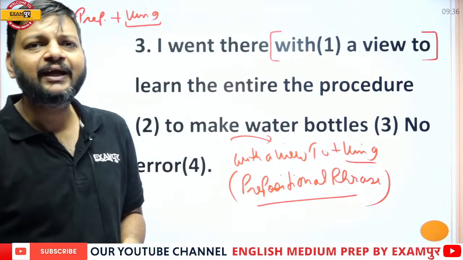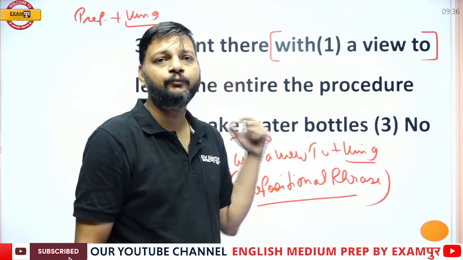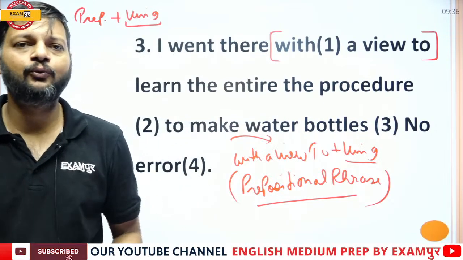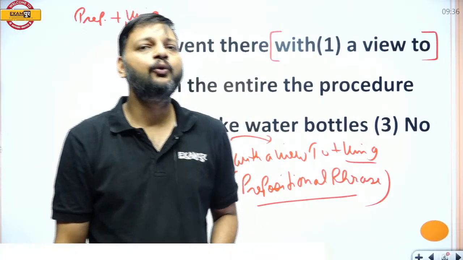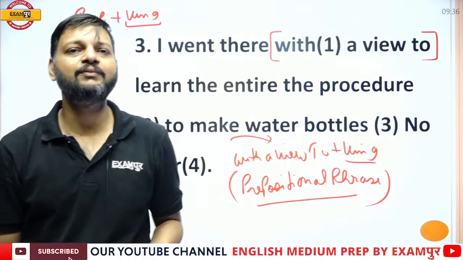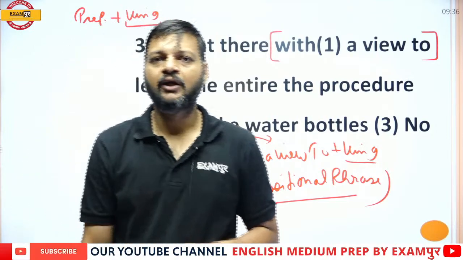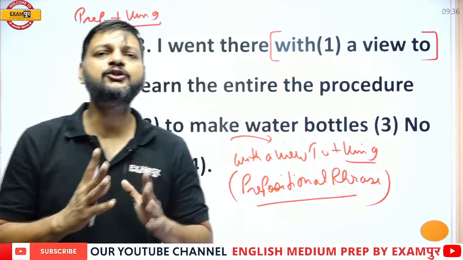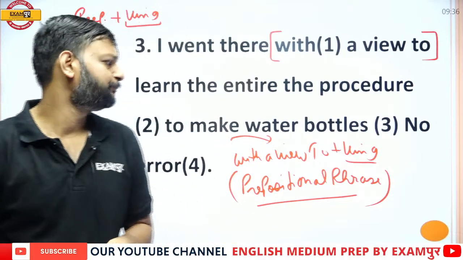Students often get confused by this word to, because generally we use a first form of verb after to. But in the first question I told you that to has two different meanings. One is infinitive and the second one is preposition. So when to is infinitive, it must be followed by first form, and when to is preposition, it must be followed by a gerund.